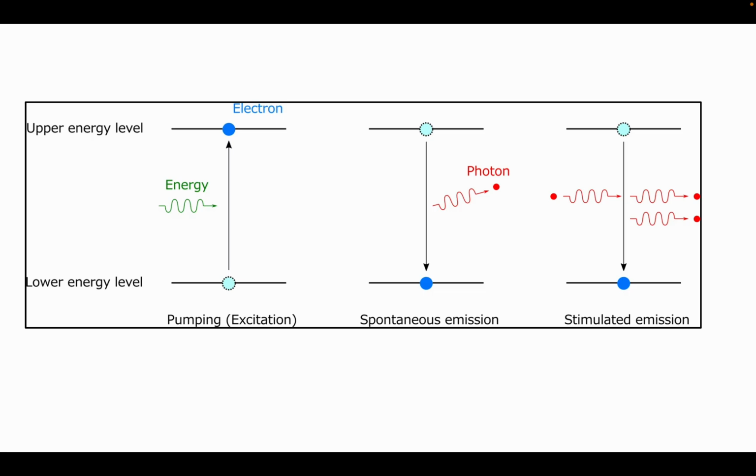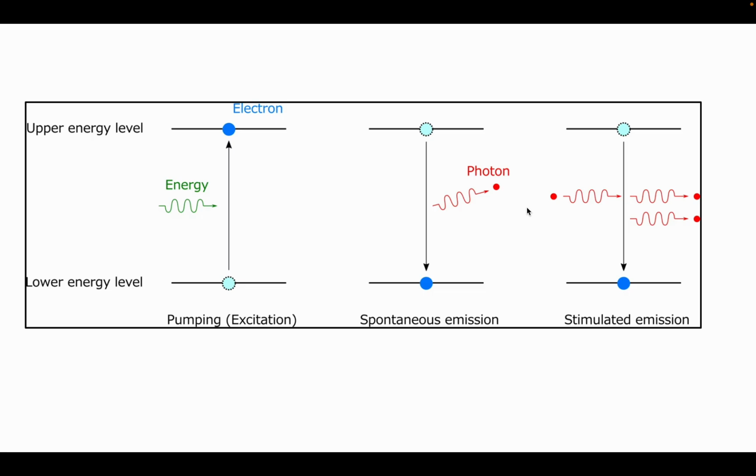And another thing: when you move an electron to the higher energy level, the electron cannot stay in the higher energy level for a large amount of time, or for all time. It will spontaneously decay from the higher energy level to the lower energy level and emit a photon.